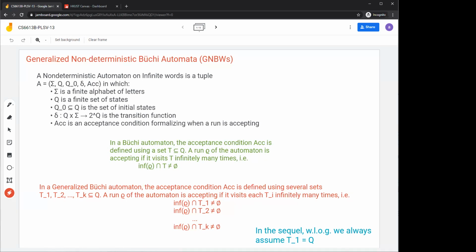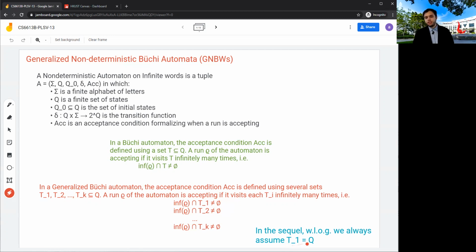So without loss of generality, we are always going to assume that one of these accepting sets, for example, T1, is the whole set of states Q. So what this assumption does is that it basically says, if your run in the automaton is finite, it's a rejecting run, it's not an accepting run. Because every infinite run would visit at least one of the states infinitely often.